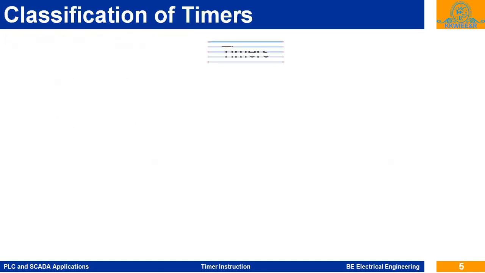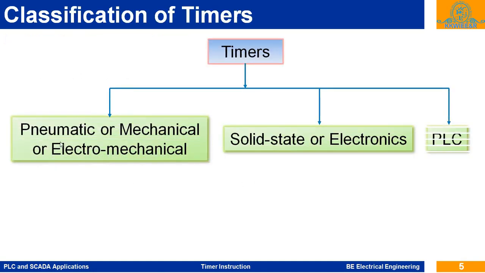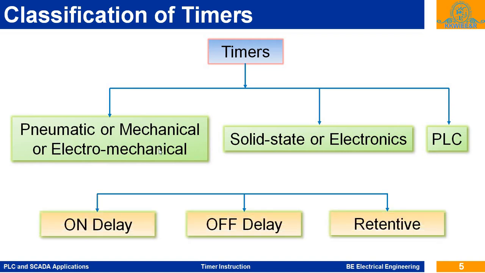The timers are classified based on their construction as pneumatic or mechanical, electromechanical or electro-pneumatic timers, electronic or solid state timers, and PLC timers. Again, based on how we are providing the delay, the timers are classified as on delay, off delay and retentive timers.